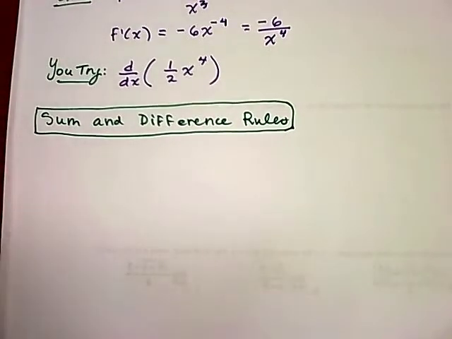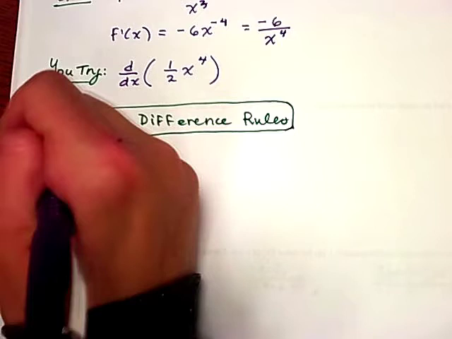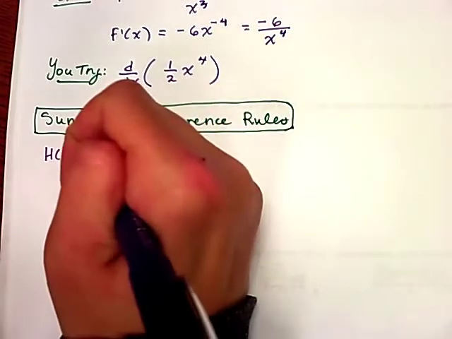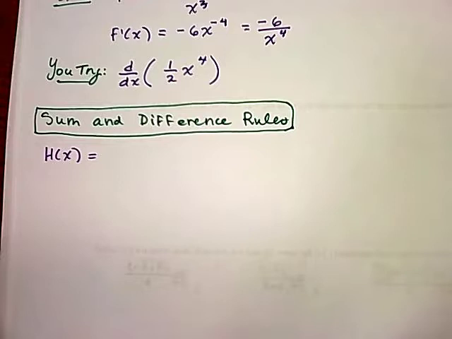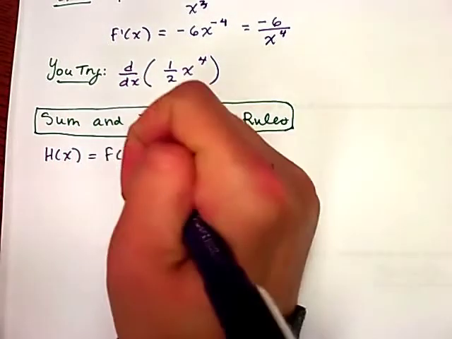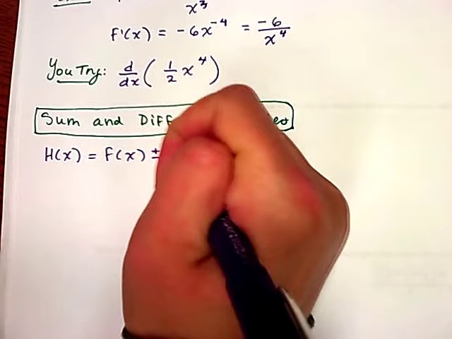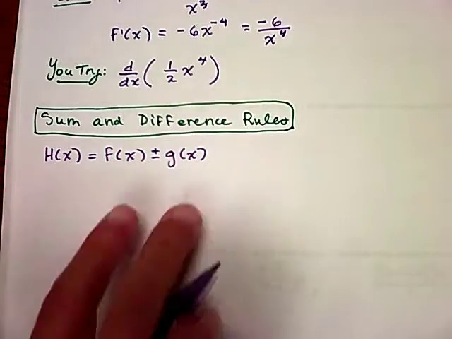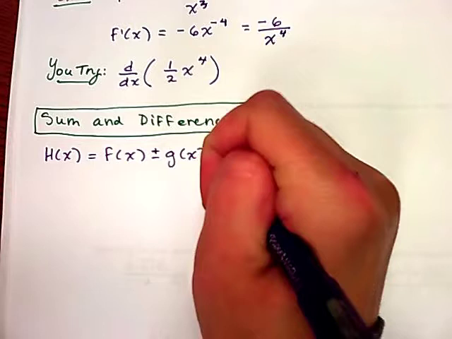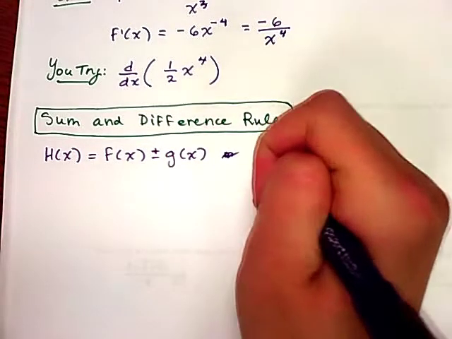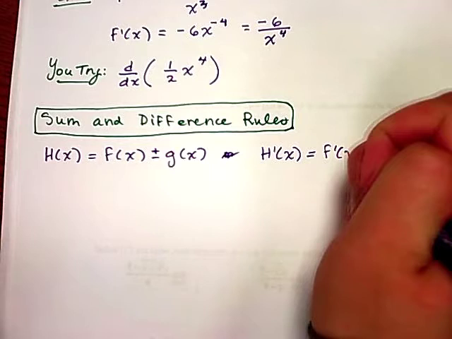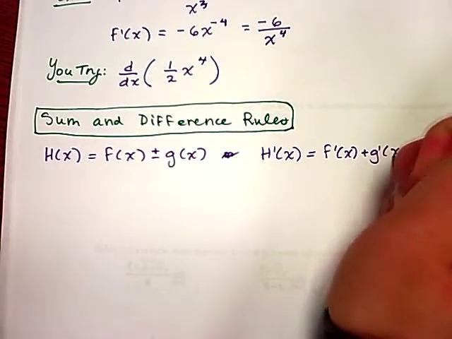The idea is if we have some function h of x, which is the sum or difference of two other functions, or even three, or however many, infinitely many, I guess, like f of x plus or minus g of x, then the derivative of the sum or of the difference will be exactly, h prime of x is equal to f prime of x plus g prime of x.